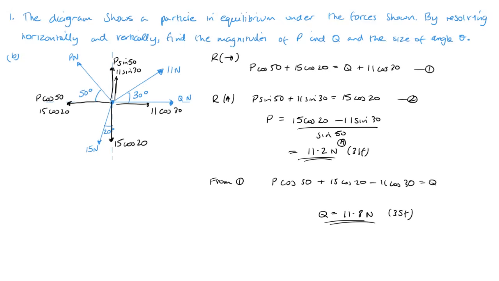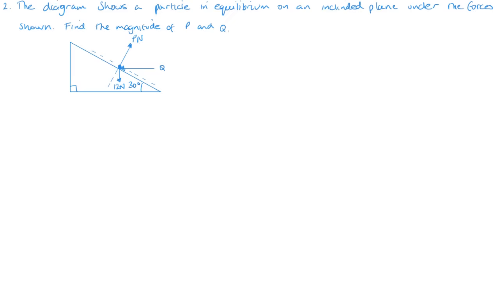Let's have a look at question 2. So here we have number 2, and what we want to do here is resolve both parallel and perpendicular to the slope. First I'm going to start off with this 12 newton force.